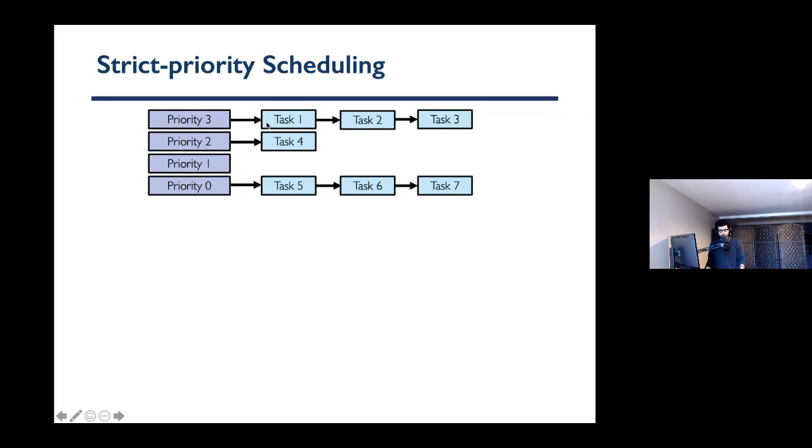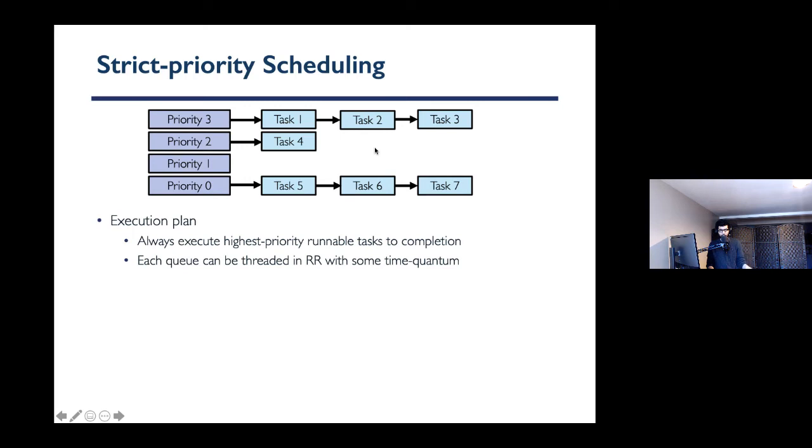And then you might have different tasks with the same priority, listed or sorted in each one of these priorities. It's called strict priority because every time you're going to look at the highest priority runnable task to execute. So you're not even going to look at low priorities. That's where the strict comes from.